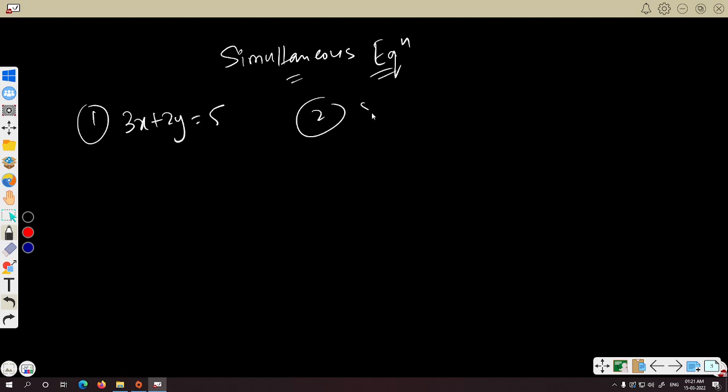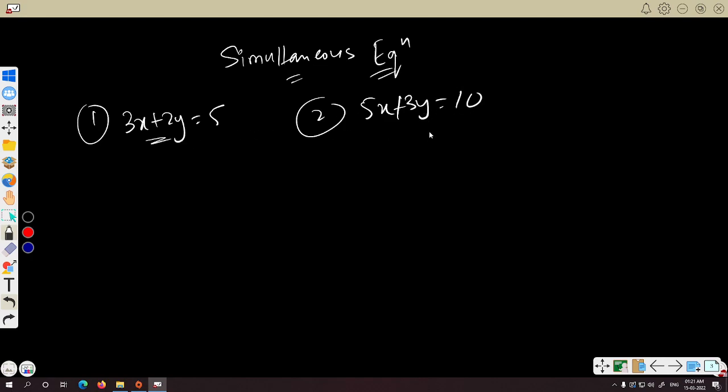Now the next topic is simultaneous equations. This is a very important topic in your chapter. You will deal mostly with this concept. Now what are simultaneous equations? For example, if I give you two linear equations in two variables, 3x plus 2y is equal to 5, and the second equation is 5x plus 3y is equal to 10.